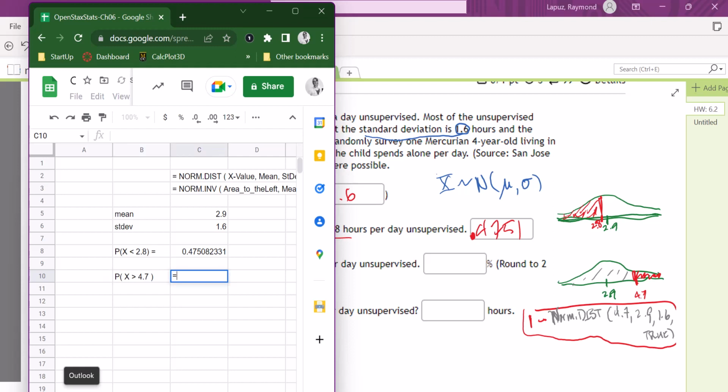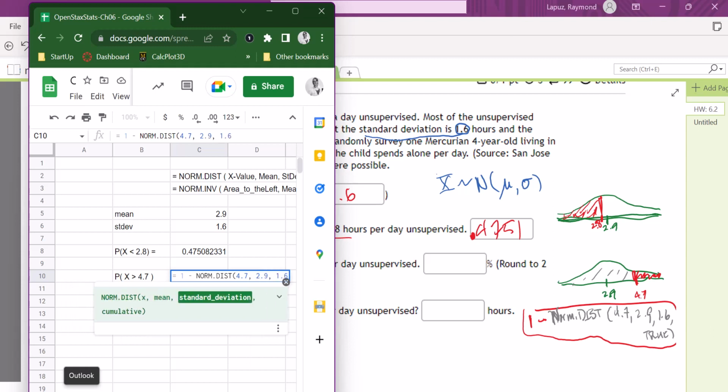And so that's going to be the 1 minus norm.dist, and then we have 4.7 comma 2.9 comma 1.6, our mean and our standard deviation, and cumulative is true, and then we get 0.13029, or that's going to be 0.1303.